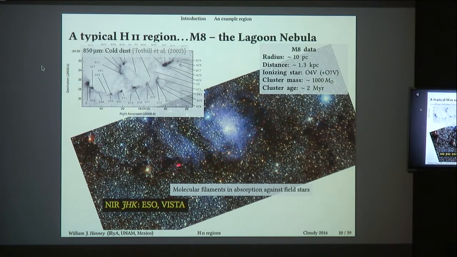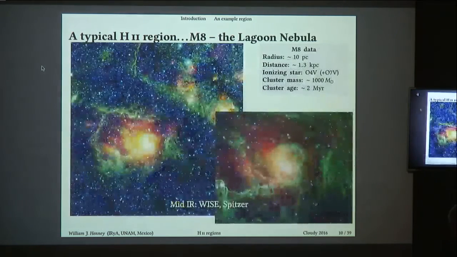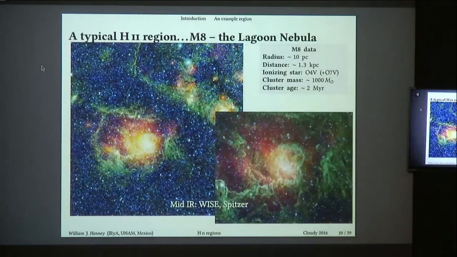This doesn't show the ionized gas that clearly. You can see a bit of the ionized gas as continuum and line emission that comes in these infrared filters. To see the structure a bit more clearly, we can go to the mid-infrared.